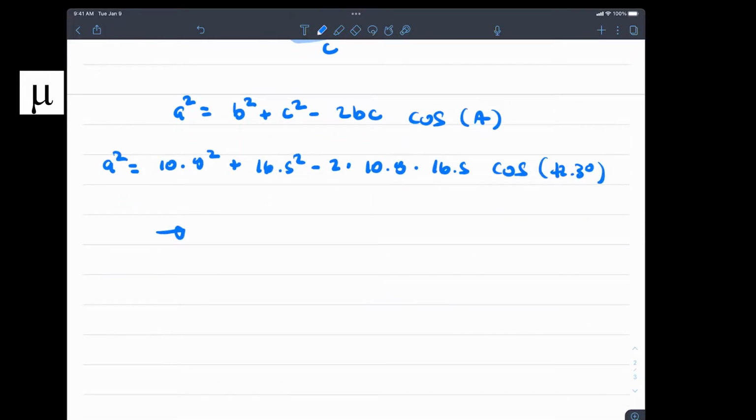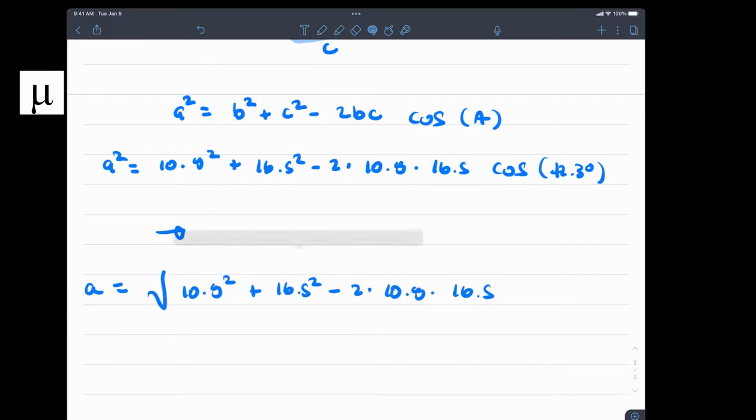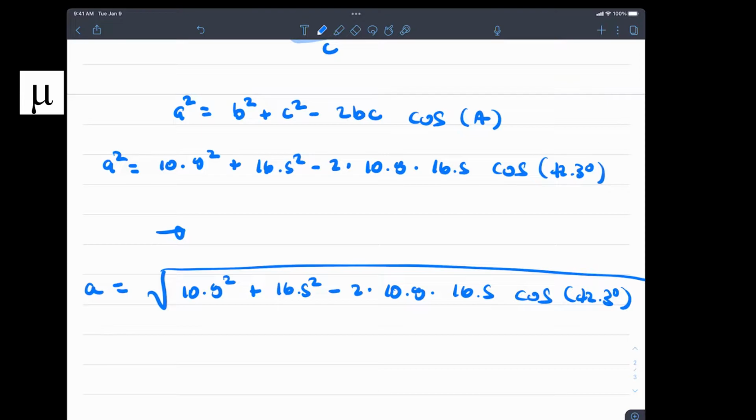And so you got here, A is going to be the square root of what? 10.8 squared plus 16.5 squared minus 2 times 10.8 times 16.5 cosine 42.3 degrees. There you go.